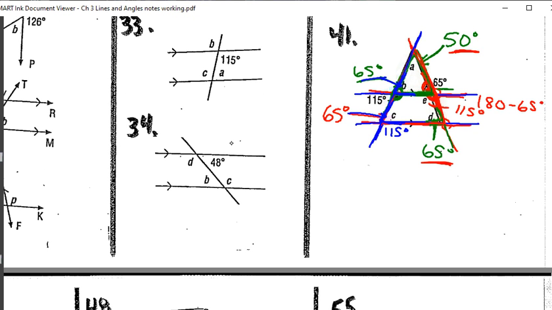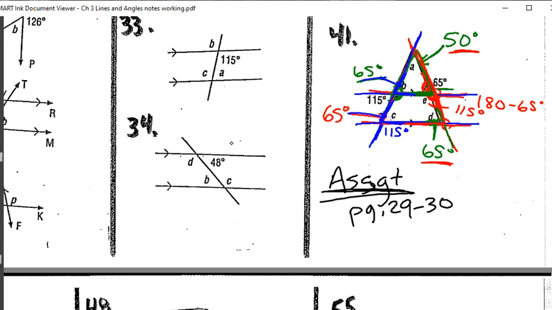So again, your assignment for this lesson is to practice all these situations. Page 29 and 30 in the booklet. Also, page 35C, but do page 35C except these few questions.